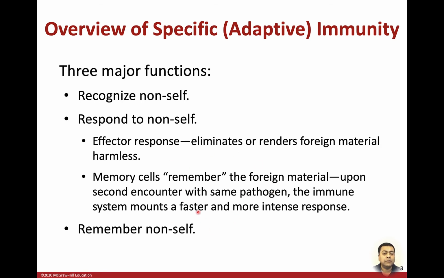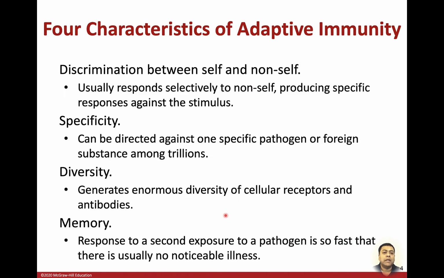While the vaccine goes into your body, it is considered foreign material, and you develop an immune reaction. When your real pathogen tries to infect you, most of the time your immune system will be able to counterattack, and you will not have the infection due to the memory. And the other very important part is that it remembers non-self. So these are the major functions of your adaptive immunity.